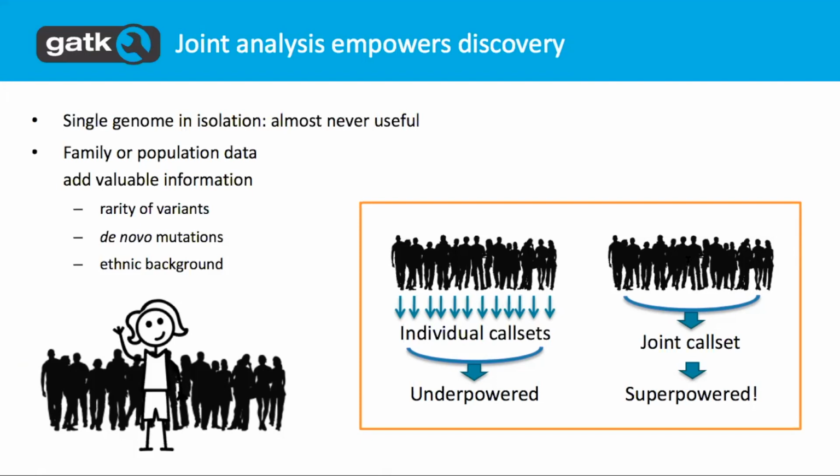First of all, it gives us the population frequency, which helps researchers in doing their association studies and so on. But it is also helpful in giving you more information to call variants with more confidence.